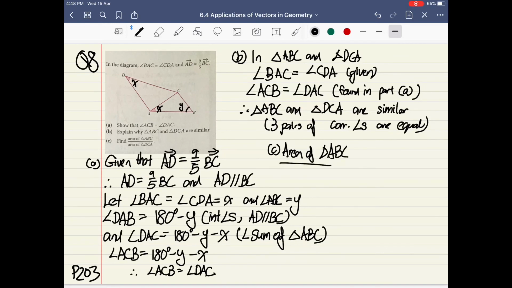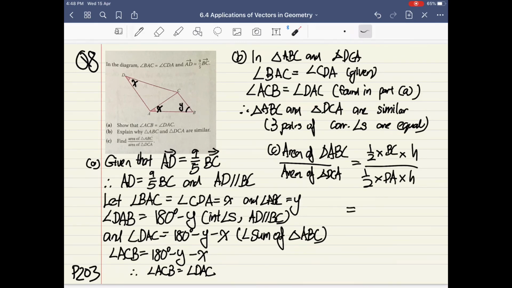So now for part C, the area of triangle ABC over the area of triangle DCA is equal to half times base times height, and half times the base, which is DA, times the height.